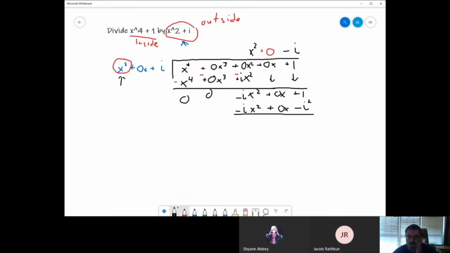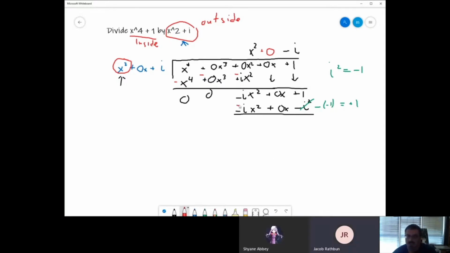And let's do a quick look here. i squared, right? i squared is minus 1. Yes. So minus i squared is plus 1. So now we're ready to actually do subtraction.